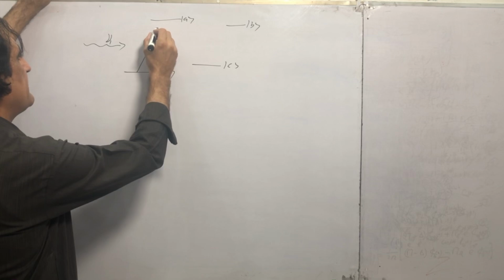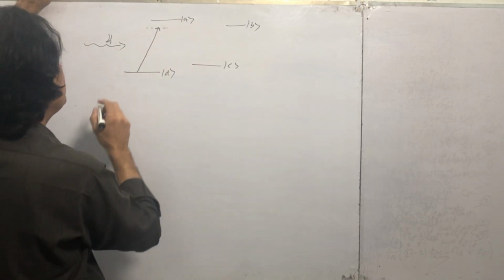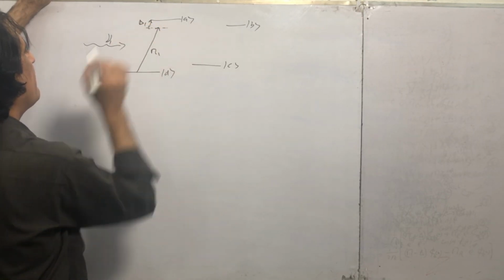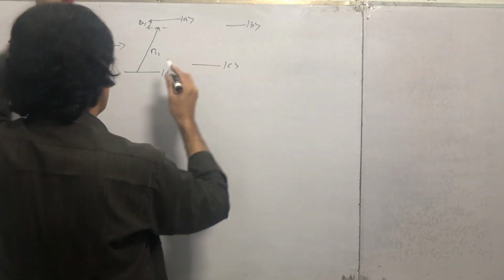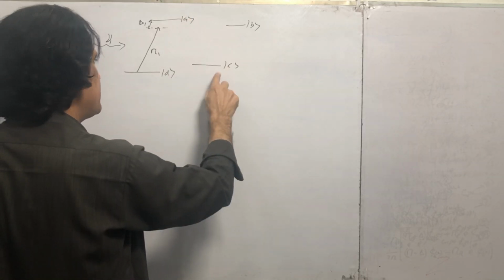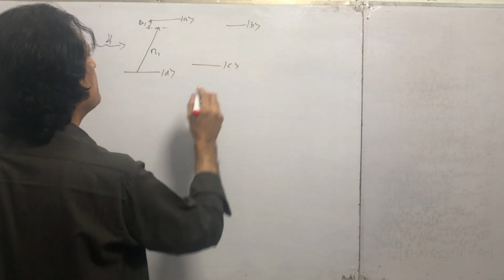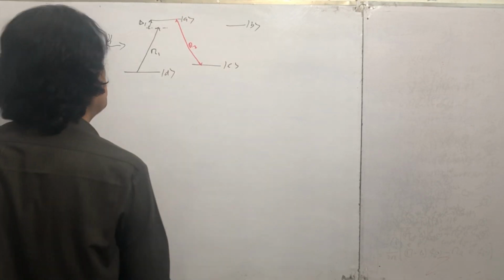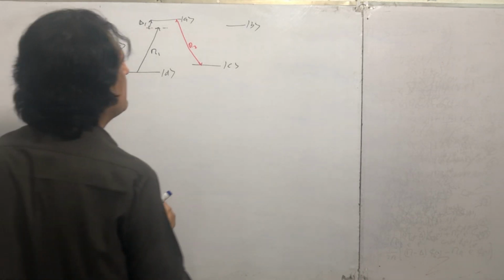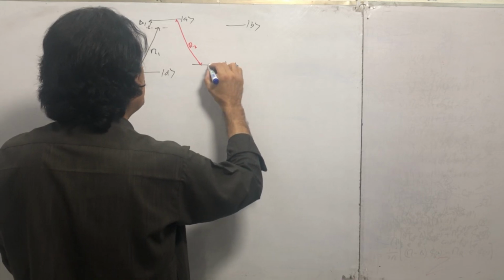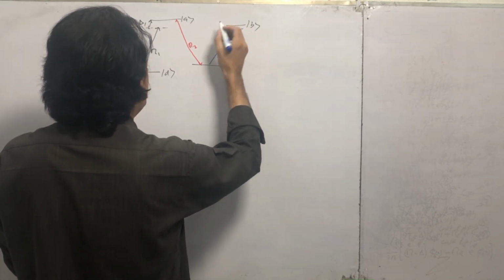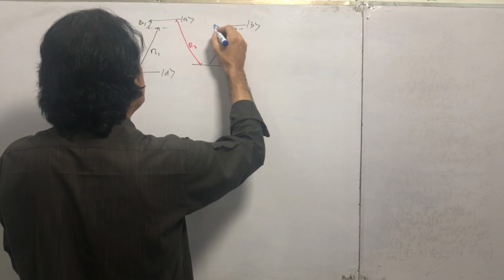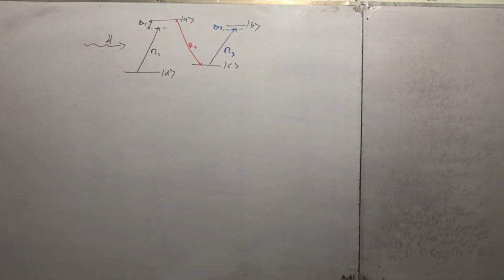Then it can oscillate the system between A and D with some Rabi frequency Ω1, and here there is some detuning Δ1. And from A to C there is another field which is interacting with A and C, and this is oscillating with Rabi frequency Ω2, and a third field is interacting with B and C, and it has Rabi frequency Ω3 and some detuning Δ3. So what will be the interaction picture Hamiltonian for this system?